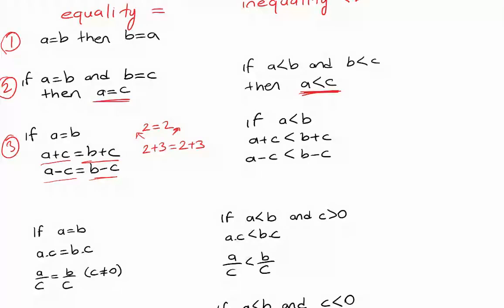Okay, if we know A less than B, similarly if we add C on both sides or subtract C on both sides, the inequality doesn't change. Let me give an example. Let's say we know 1 less than 2. If I add 3 on both sides, 1 plus 3 is still less than 2 plus 3.